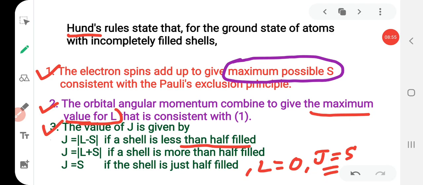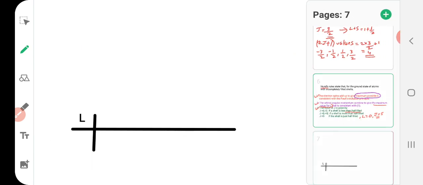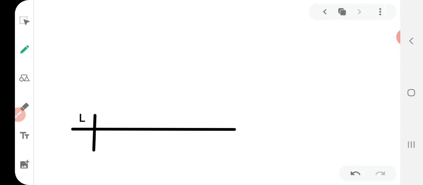After finding this S, L and J, we will write the ground state configuration. We find S according to Hund's rule, that is the first rule. Then L is found according to the second rule, and J is found according to the third rule.